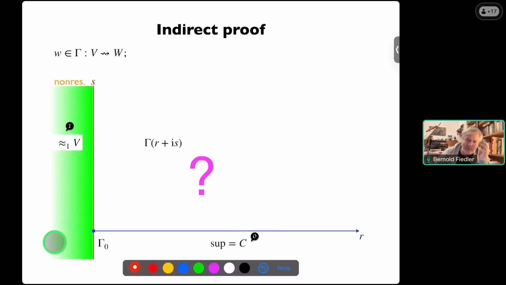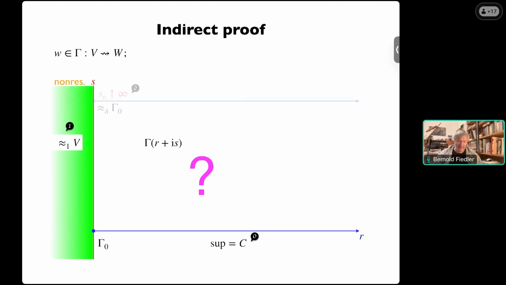Now, the idea, of course, is to reach a contradiction by proving that gamma is bounded everywhere, because a uniformly bounded complex analytic solution is constant by Liouville's theorem. So I have to show bounds everywhere. By the maximum principle, it is sufficient to show bounds on large rectangles, and that's what I will do.